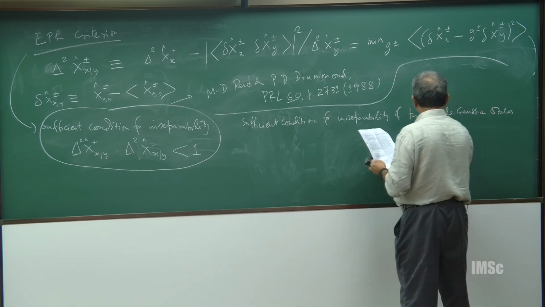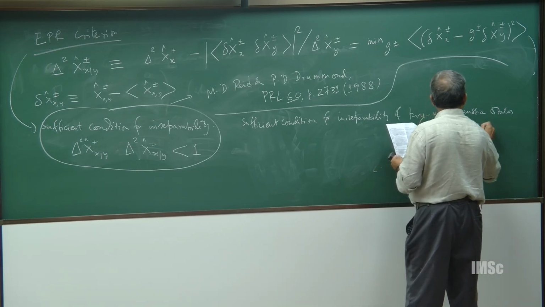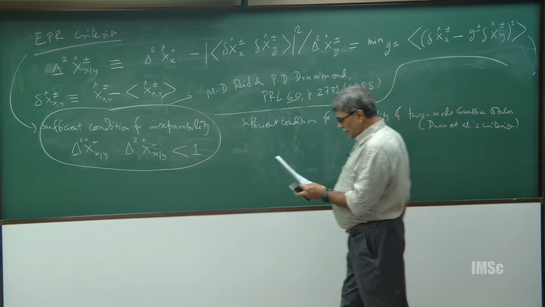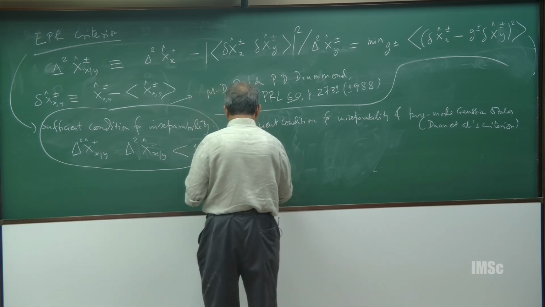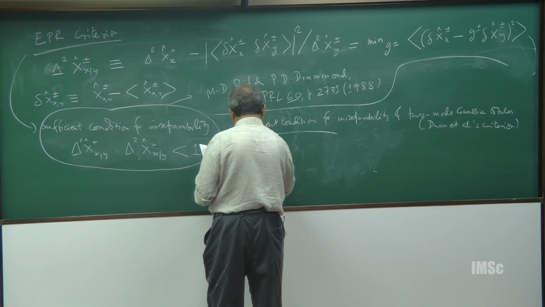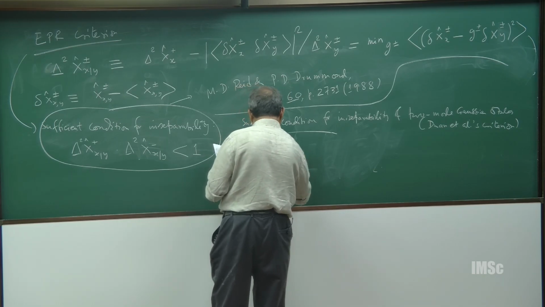This is again Duan et al.'s criteria. One can prove that this is nothing but the square root of delta square, again I will tell you what it is, x plus minus y.